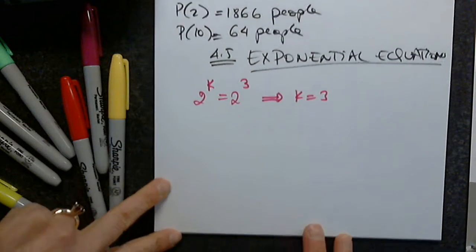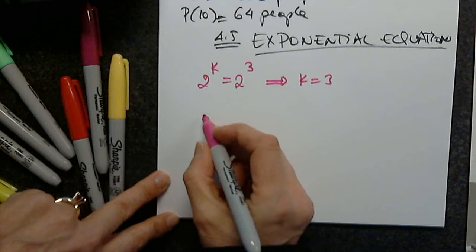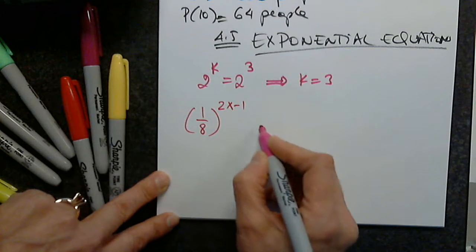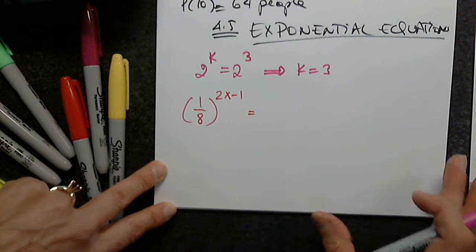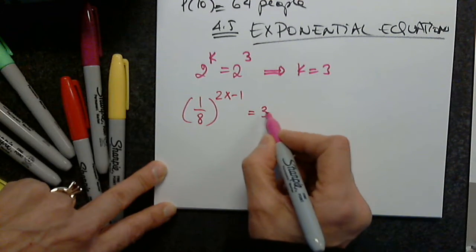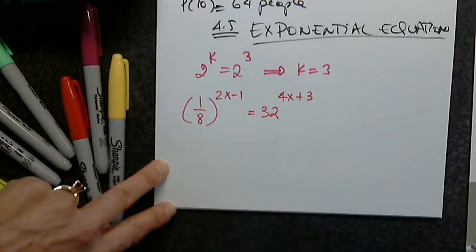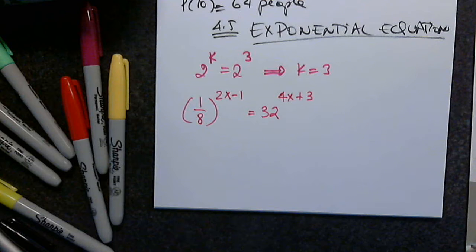Okay, and now the next level up, I don't see it in the book. Here it is. A problem like this should be in the book. It isn't.